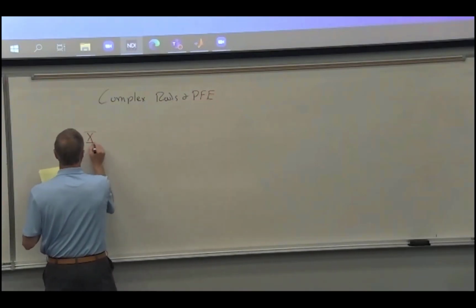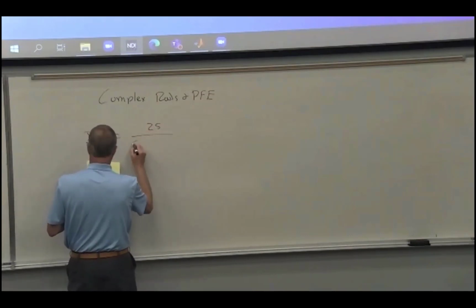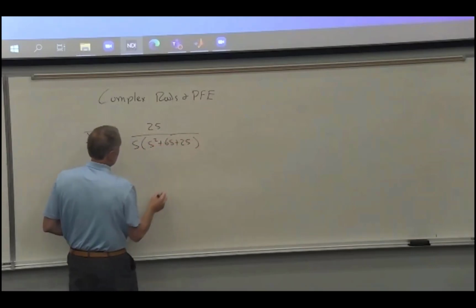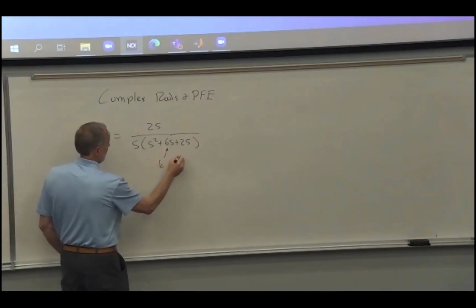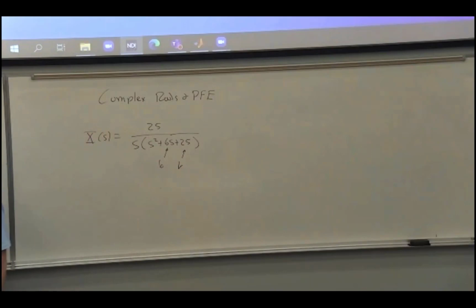So as an example, let's say we get this. In fact, this is a B of 6 and a K of 25, which is what we've already done. And we know we get this set of roots here, 3 plus or minus 4i.